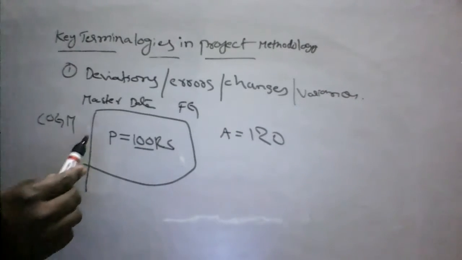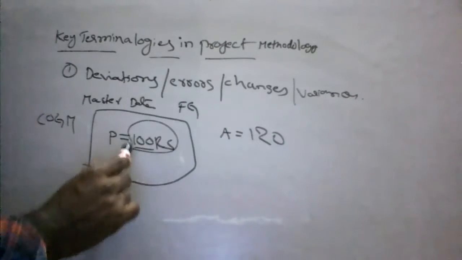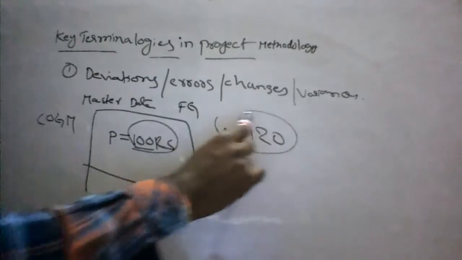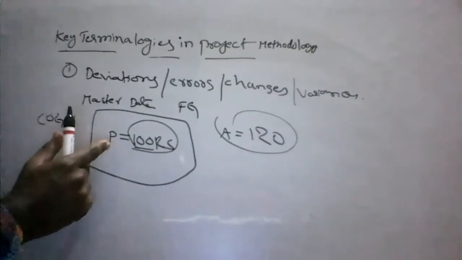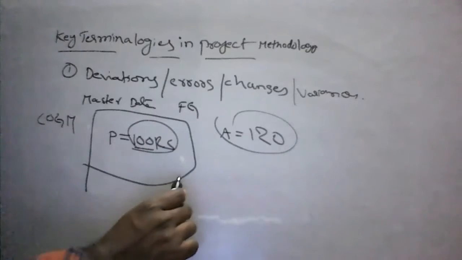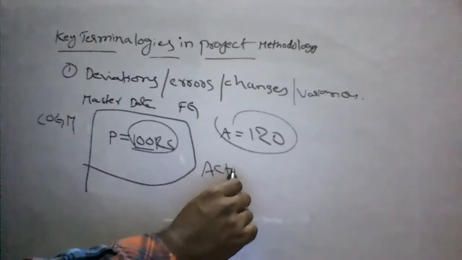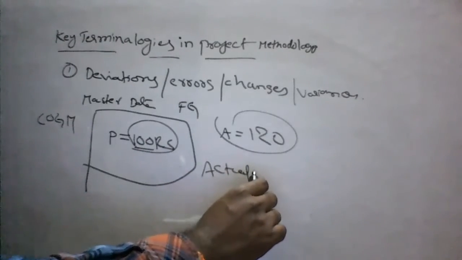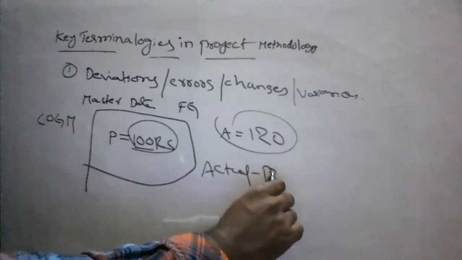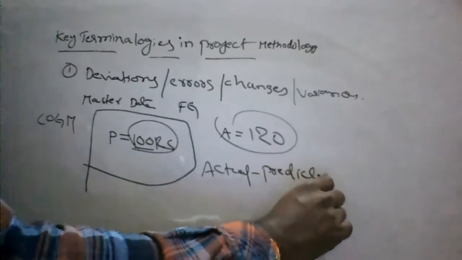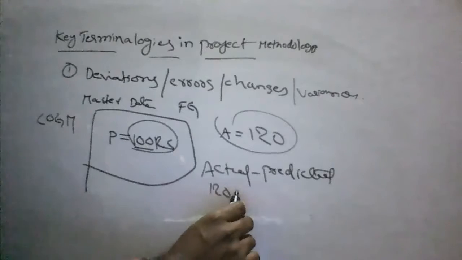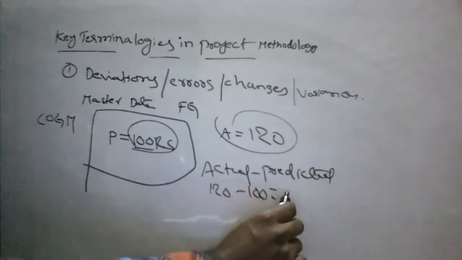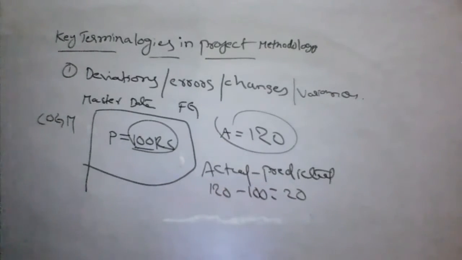Now the difference between what I have predicted, estimated, and what actually happened is the variance. Take actual price minus predicted, that is 120 rupees minus 100 rupees, which leads to 20 rupees as the variance.